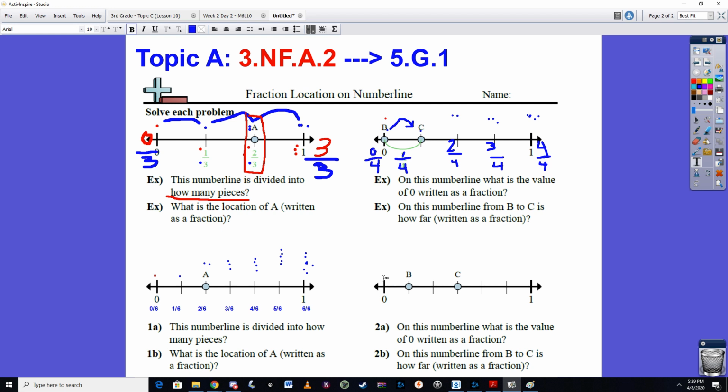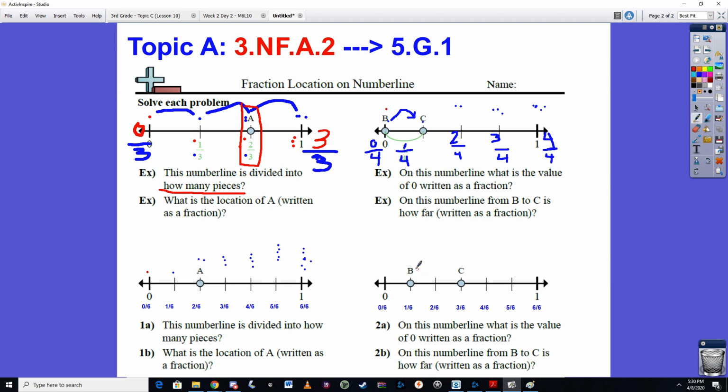We start at 0. How many hops? 1, 2, 3, 4, 5, 6. Okay, well, it's the same thing. 0/6, 1/6, 2/6, 3/6, 4/6, 5/6, 6/6.